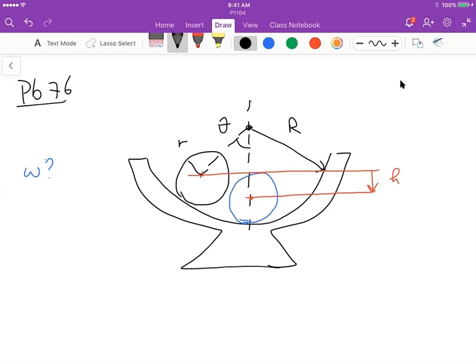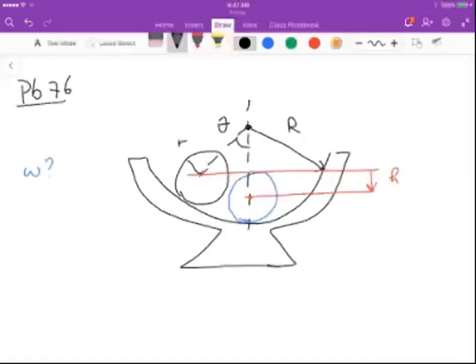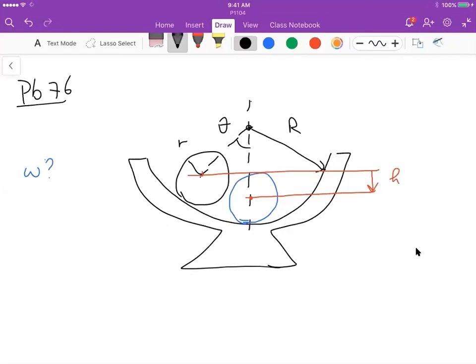Now, what do we have? We know that the sphere is moving inside this bowl and its motion is a rolling motion. So it is rolling without slipping. So since slipping does not occur, that means that the friction force between the sphere and the bowl is a static friction force and does zero work.